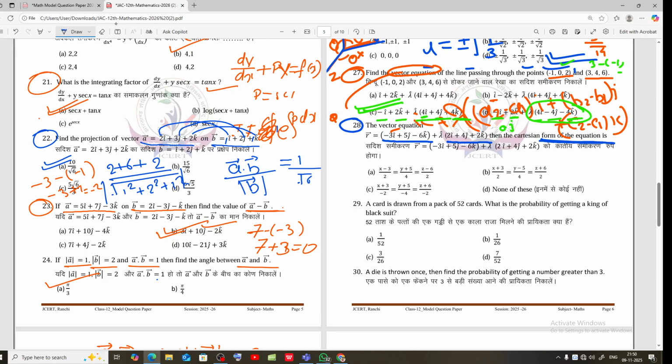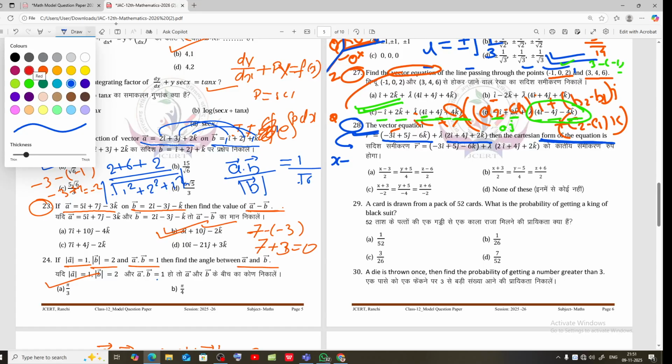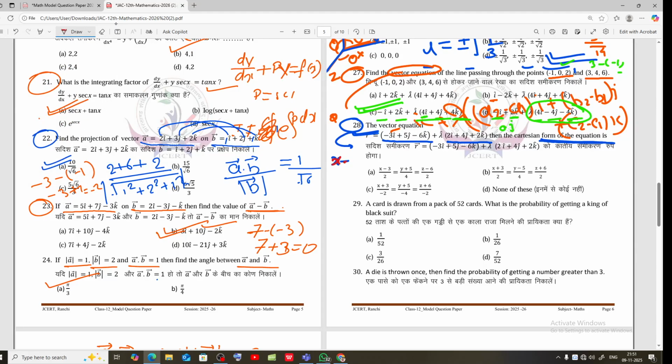This is the vector form of the equation, and the Cartesian form is (x minus a1) by b1 equals (y minus b1) by b2 equals (z minus c) by b3.